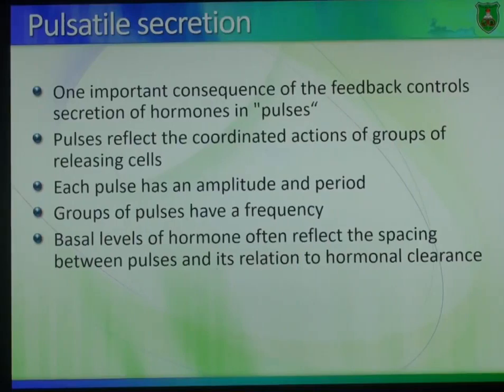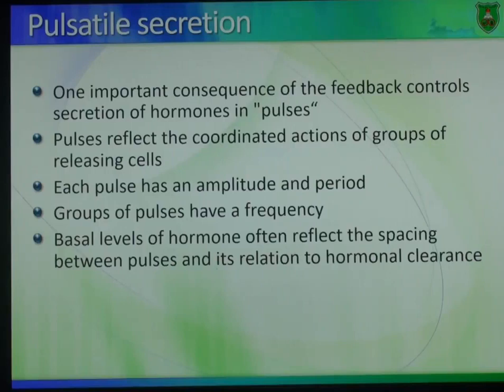So as I said before, when you have a continuous production of a large amount of hormone, this hormone binds to the receptor, is internalized, and gets degraded. So if you have a continuous level of hormone in the blood, then there wouldn't be any receptor on the cell surface.